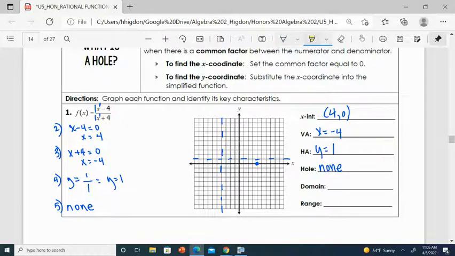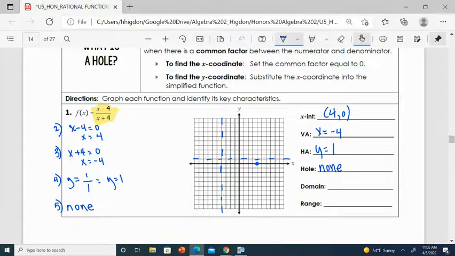In this example, our original problem, x minus 4 over x plus 4, didn't simplify. So when I put this function into my calculator, I want you to go back to the original version, which for this example is the same thing.